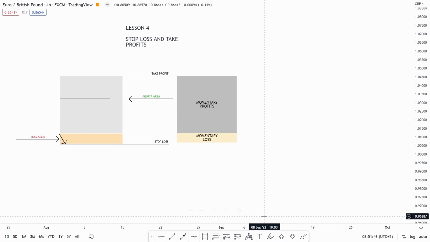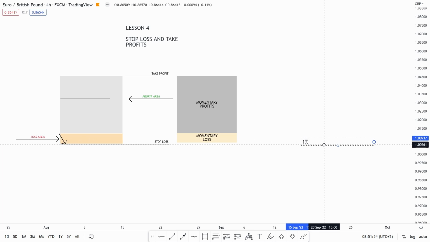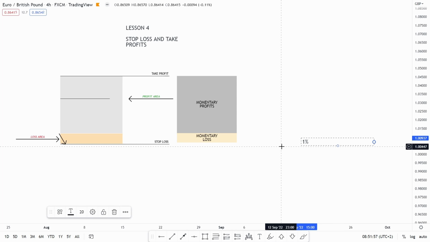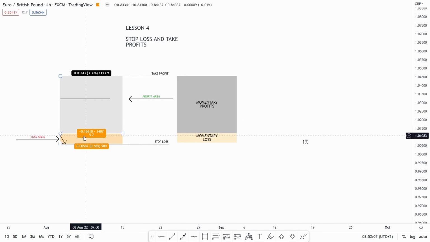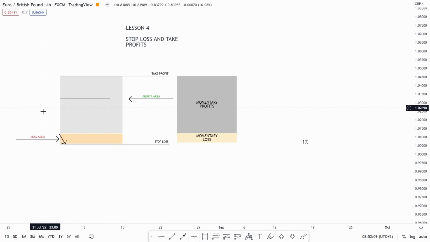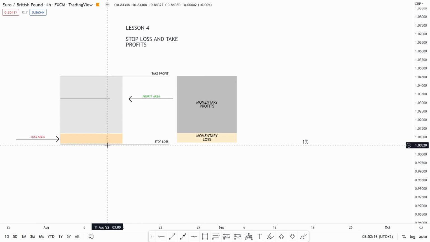So now imagine the last video we said that we are willing to lose 1% of our balance, essentially of our broker trading balance. So what it means is that as soon as we set our buy position, the first thing we have to set before everything is our stop loss.